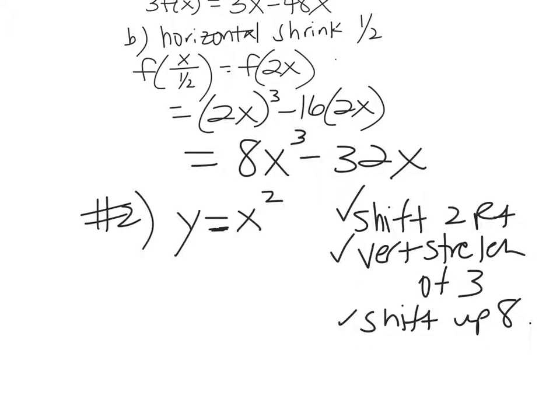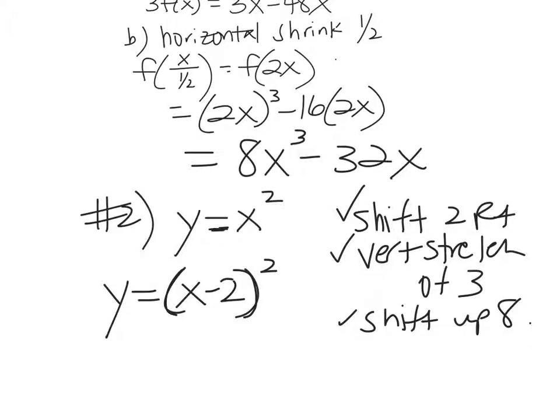Okay? In that order. All right, so start with a shift of 2 to the right. What would that look like? Perfect. y equals x minus 2 squared. Is it possible to put that negative on the other side? No, because it's in the parentheses with the x. Okay, got it. All right, now we're going to do a vertical stretch of 3.